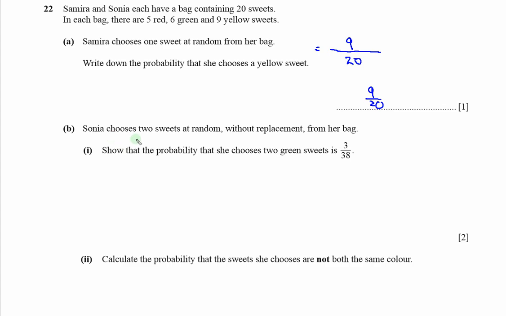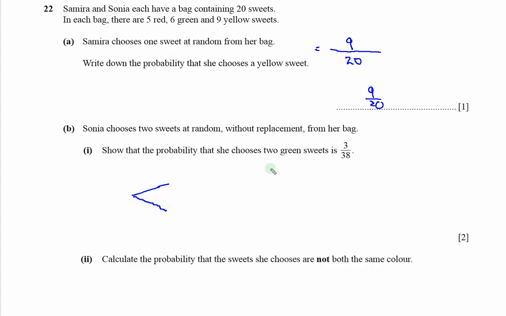Now Sonia chooses 2 sweets at random without replacement from her bag. Find the probability of 2 green sweets. Okay, what's the probability? Let's draw a tree diagram.